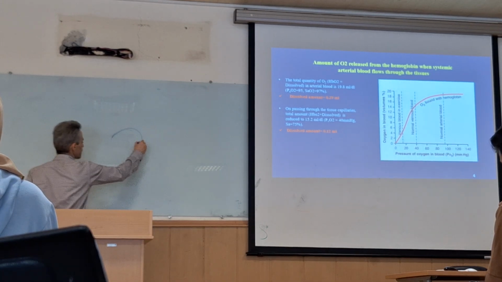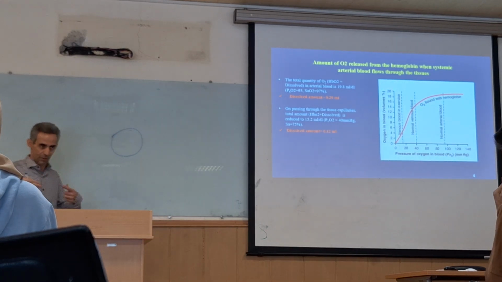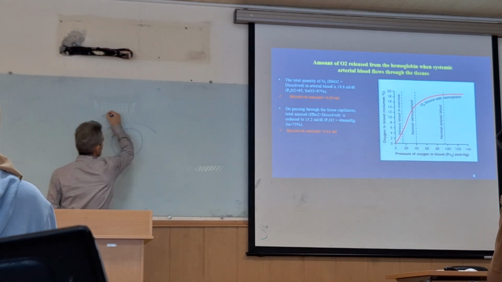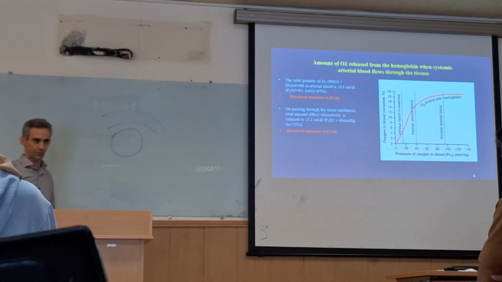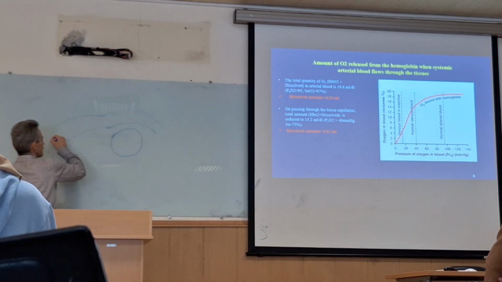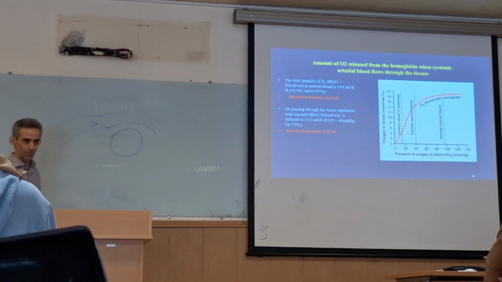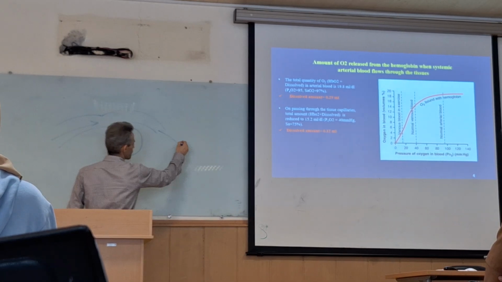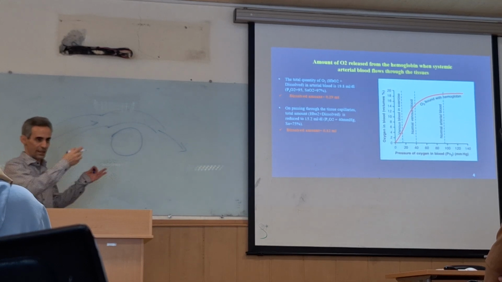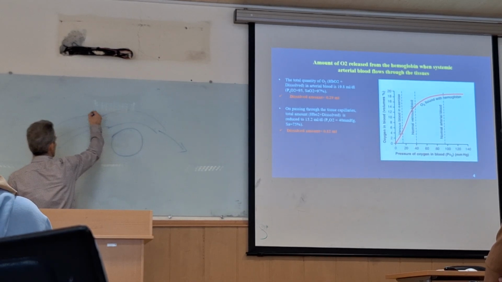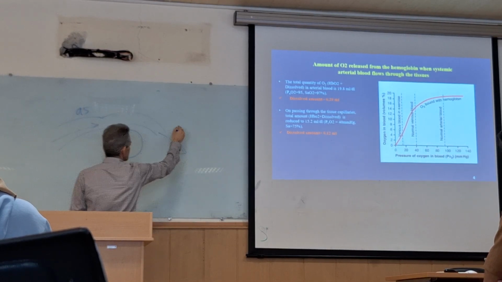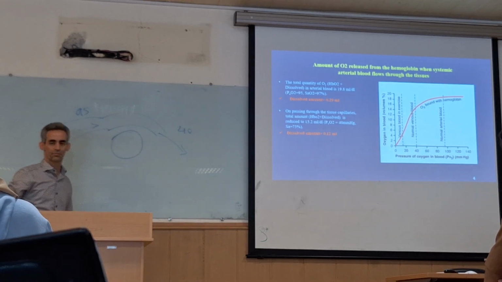Consider this as the peripheral tissue or peripheral cells. This peripheral tissue has a specific capillary, the peripheral capillary. From this end the capillary has arterial blood, and at the other end venous blood. Before you look at this slide, here the oxygen is 95, here it is 14.